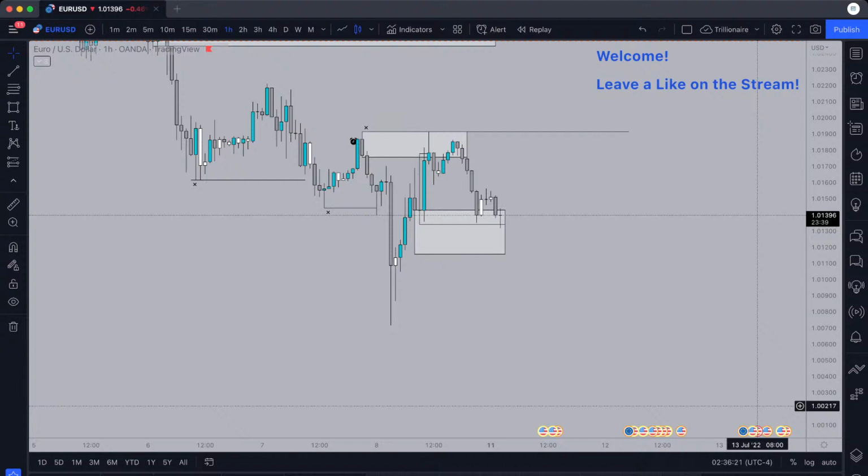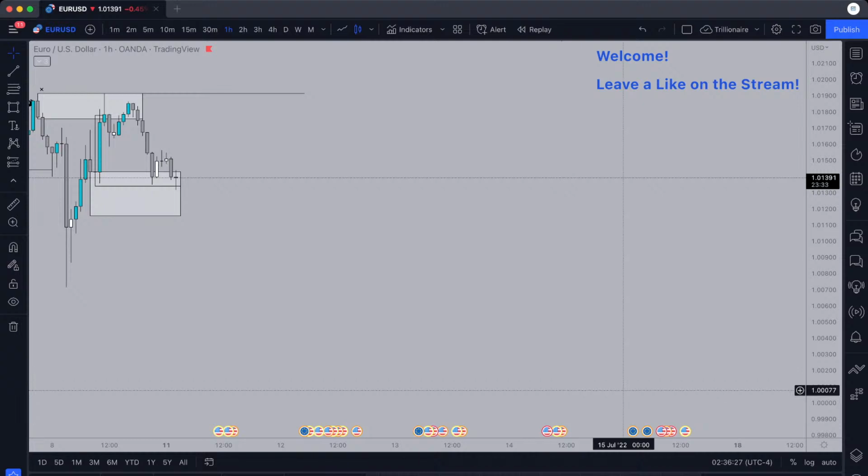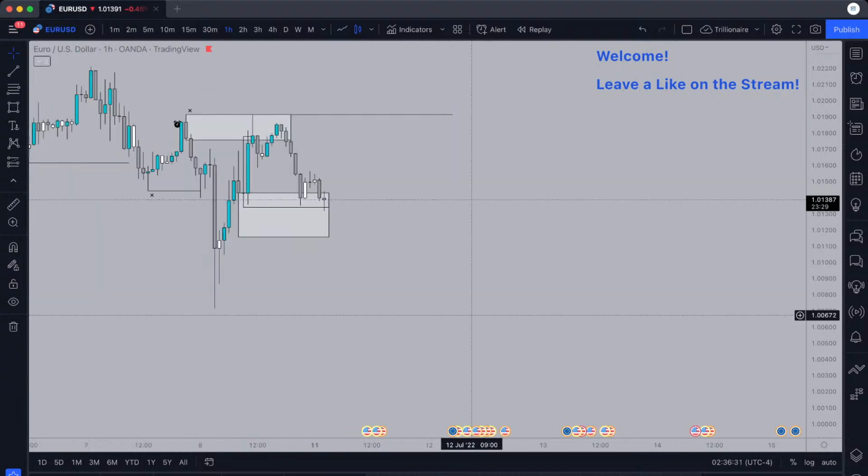So we should get some type of movement there. And then we also have high impact news on Thursday. Ooh, and we have a lot of high impact news on Friday. So moving towards the end of the week, once we do take our positions, the positions that I take before Wednesday, I'm probably going to hold some of those positions to hit higher time frame targets, whether we're buying or selling.